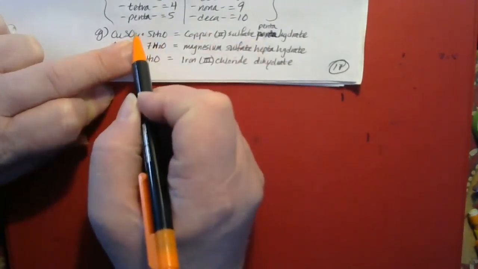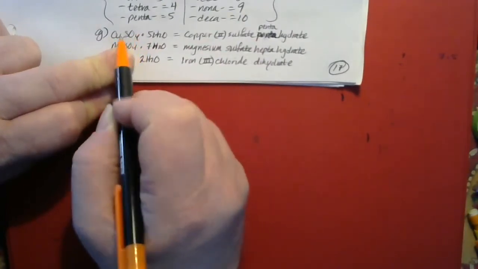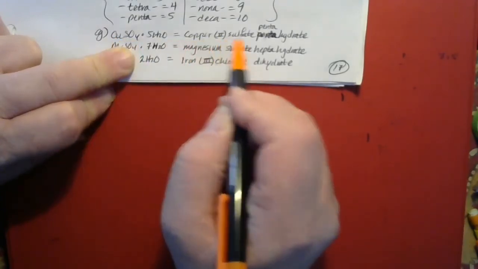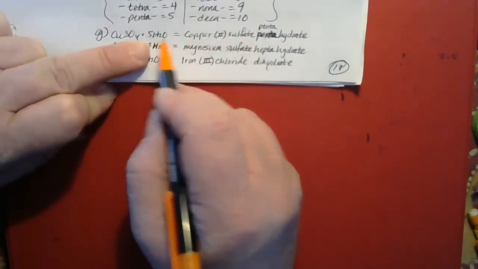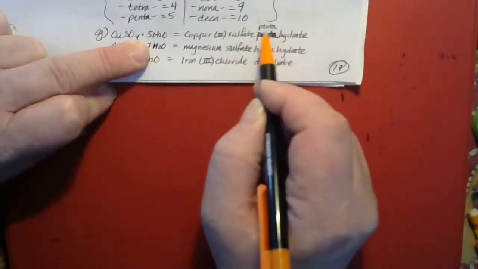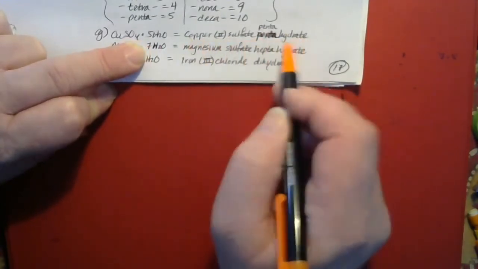Because remember, the sulfate ion has a -2 charge. So if it goes together with copper on a 1-to-1 ratio, that would imply that the copper must be +2. So copper 2 sulfate, and 5 H2Os would be pentahydrate. It kind of blotted there, so I wrote penta above it again. So pentahydrate, copper 2 sulfate pentahydrate.